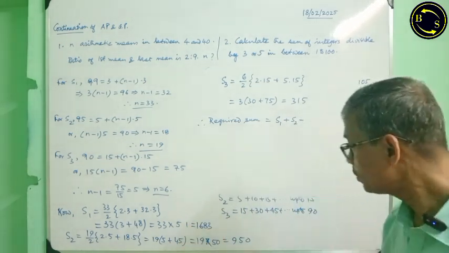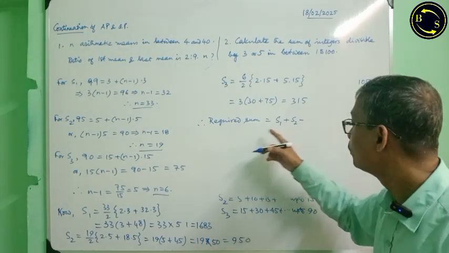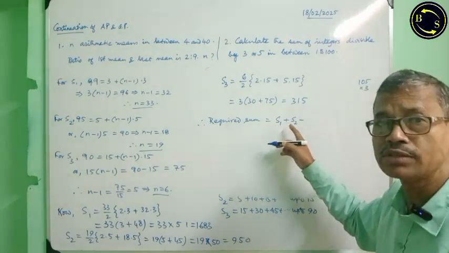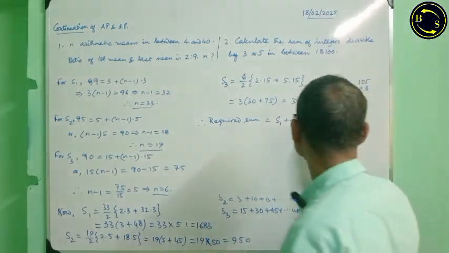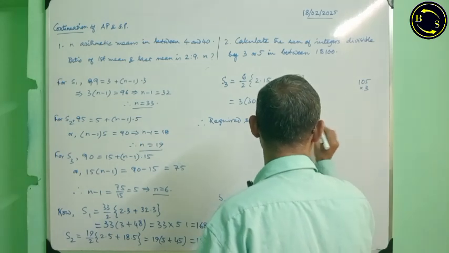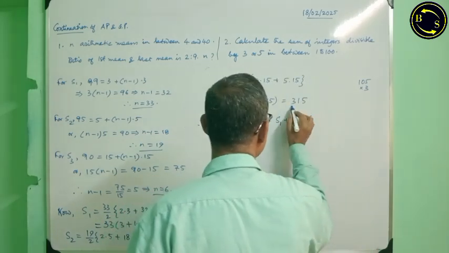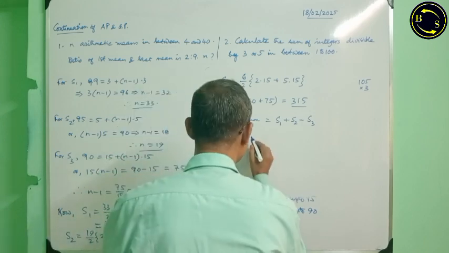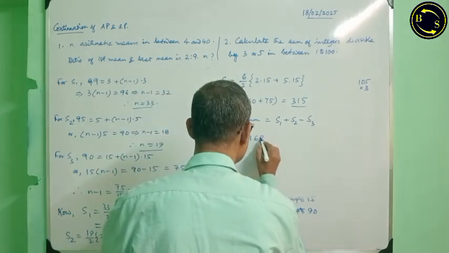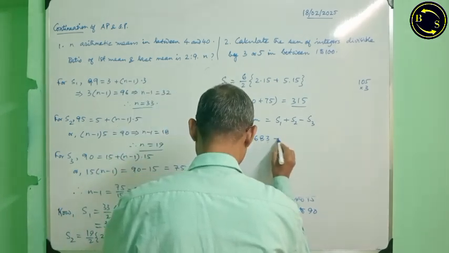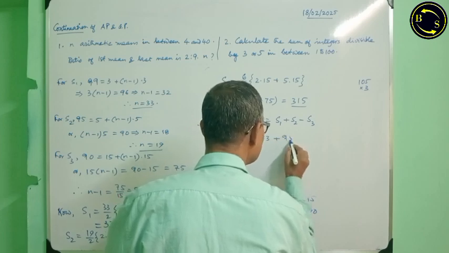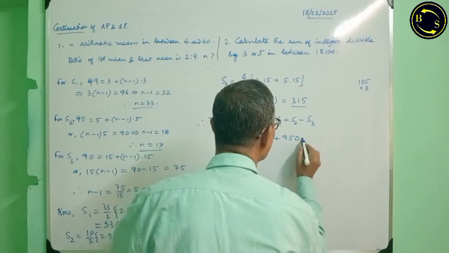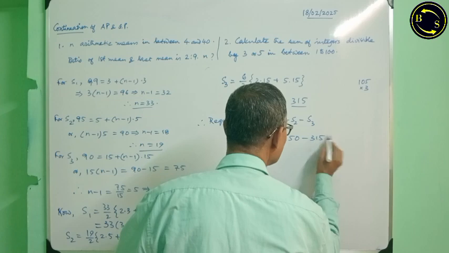That sum is to be subtracted, that is, required sum will be S1 plus S2 minus S3. Now I put the values. S1 already we have got 1683 plus 950 minus 315.